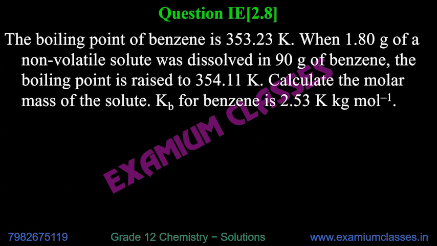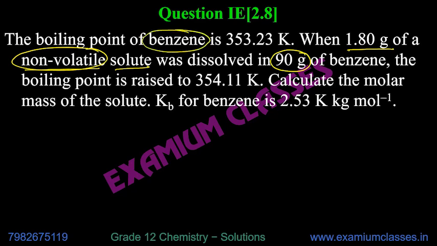So the question is, the boiling point of benzene is 353.23 Kelvin. When 1.80 gram of a non-volatile solute, remember it is always non-volatile in this case, okay, was dissolved in 90 gram of benzene. So benzene here is the solvent, means it is first part, solvent.